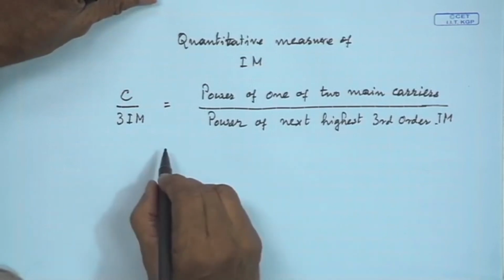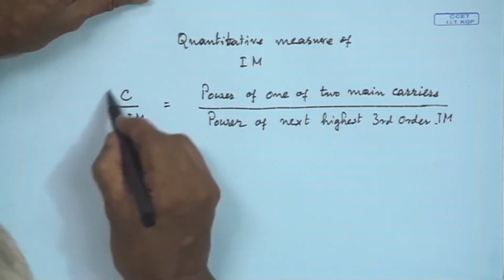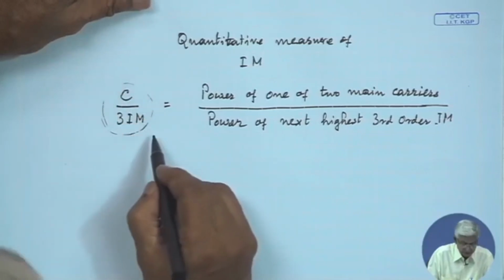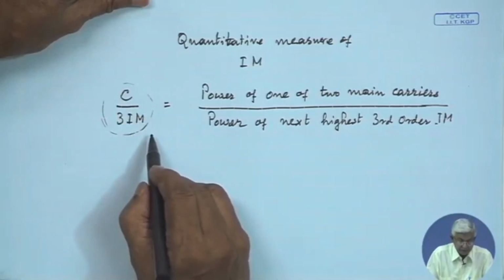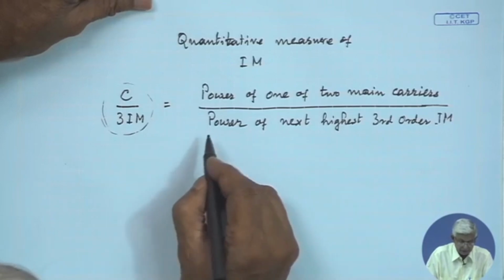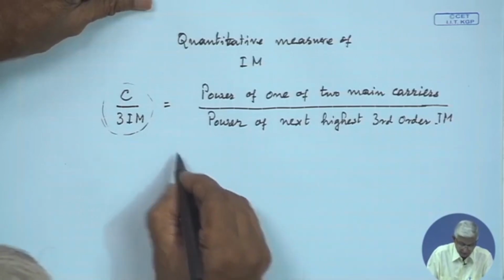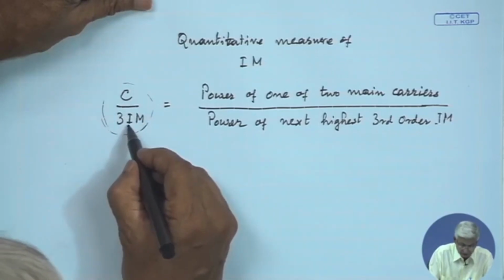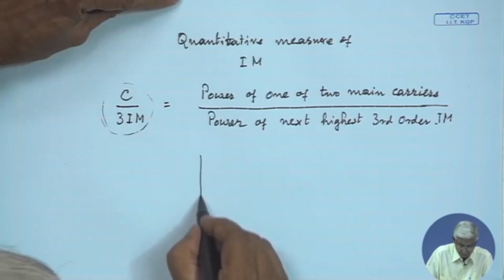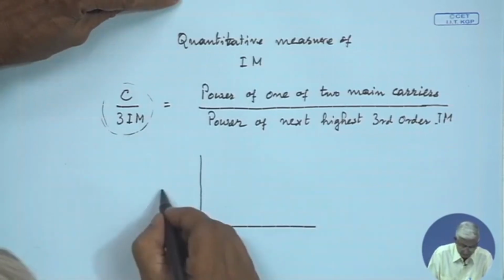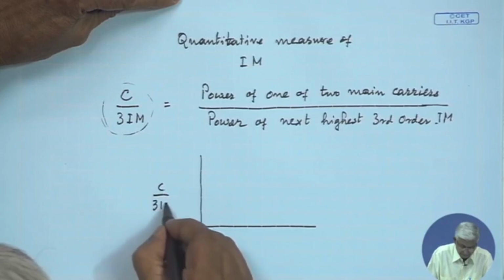So, this is a term which tells us about the two carriers and the intermod noise that comes, and it is a carrier to third order intermod ratio. We can plot it as C by 3IM.